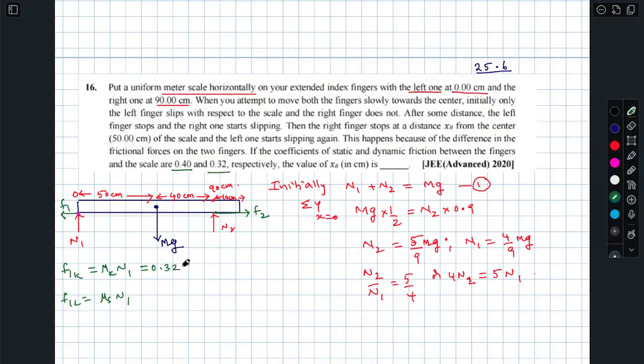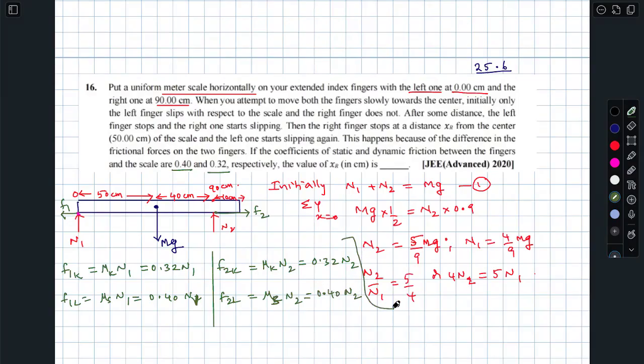0.32 times N1, 0.40 times N1. Similarly, F2K is mu k N2, 0.32 N2. F2L is equal to mu s N2, which is 0.40 N2.